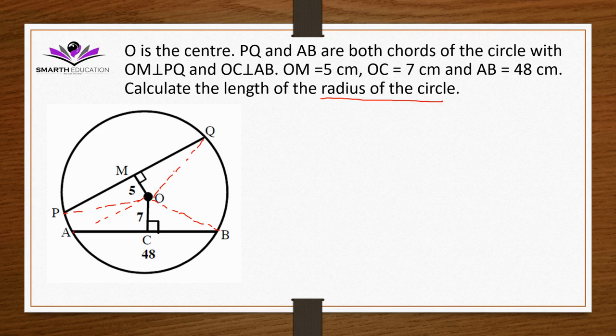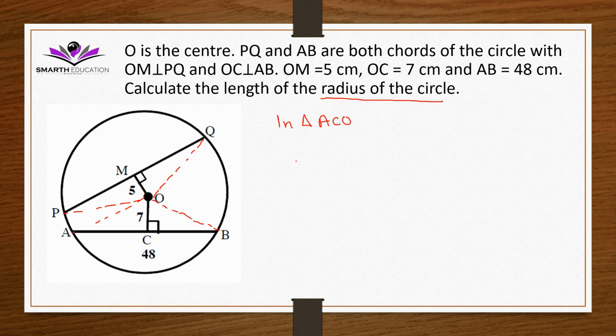All these radii are equal because remember, radii are equal. And then we can use one of the triangles here. So let's say in triangle, I'll choose ACO.